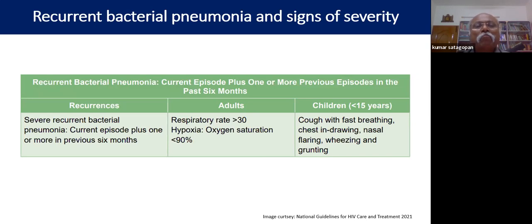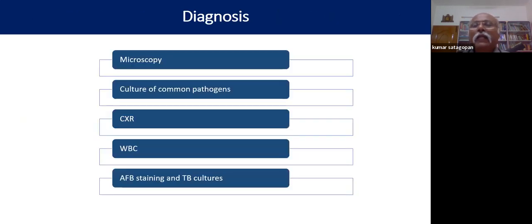So this is regarding the clinical presentation. Coming to the diagnosis, the commonest pathogens are Streptococcus pneumoniae and Haemophilus influenzae, and rarely you can get atypical organisms like Legionella and Mycoplasma, and sometimes Staphylococcus aureus.